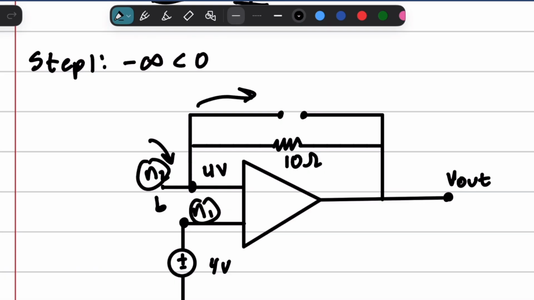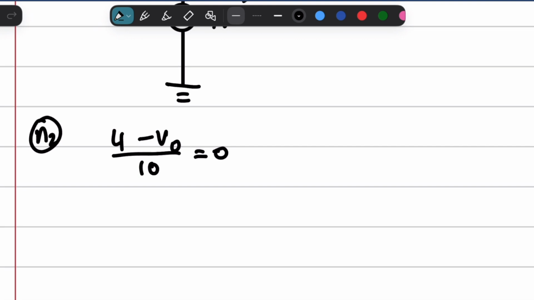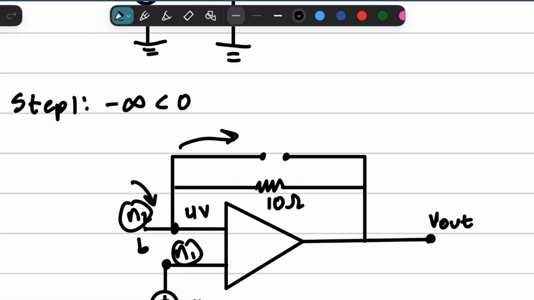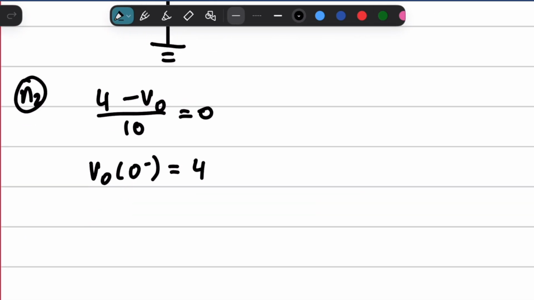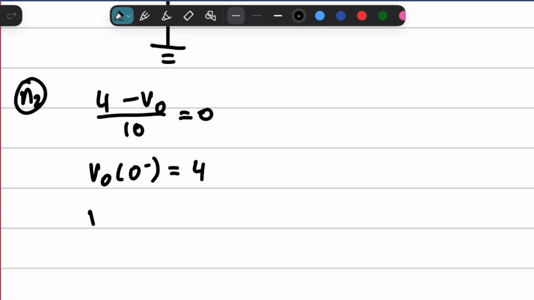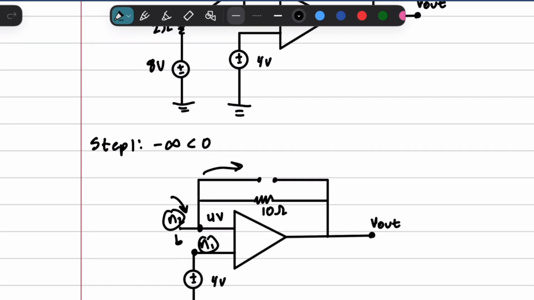This current right here is 0, so I'm not going to write it. Multiply both sides by 10, and we're going to see that V of 0 minus is equal to 4. And thankfully, this is a capacitor, so V of 0 minus is equal to V of 0 plus, which is equal to 4 volts. So that's the first portion.